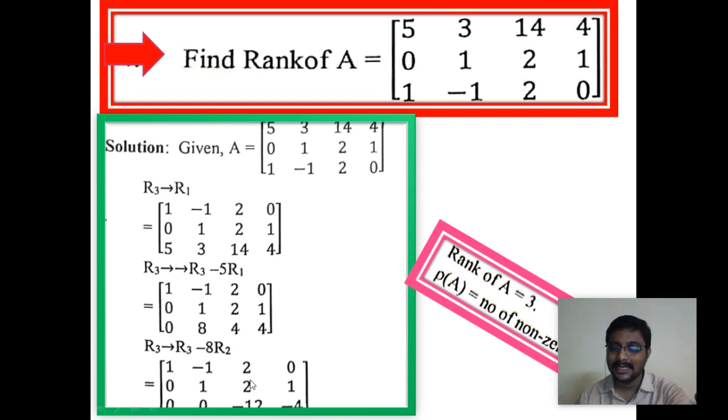Now the matrix is clearly in row echelon form, and the number of non-zero rows is 3 here. The rank is 3. So once again, first of all we have to reduce the matrix into row echelon form, and the number of non-zero rows gives the rank. The number of non-zero rows is 3 here. The rank is 3.